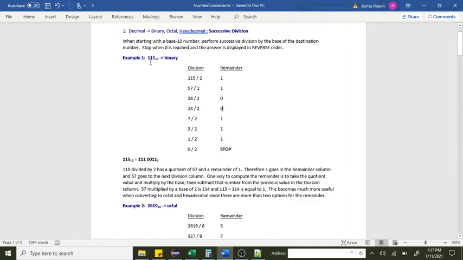So that says that 115 decimal, base 10, is going to be 1110011. That's the binary equivalent of that decimal number.